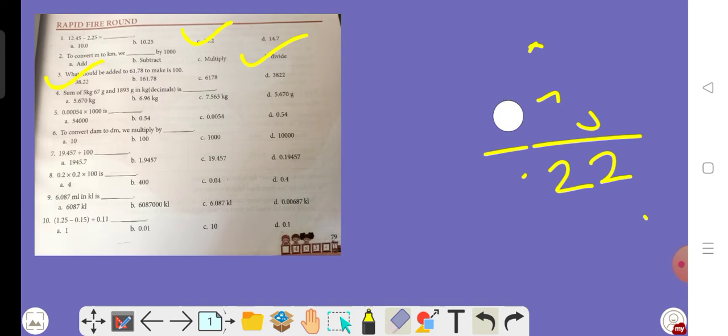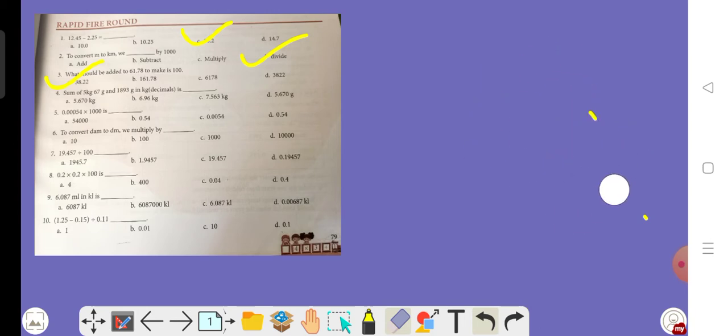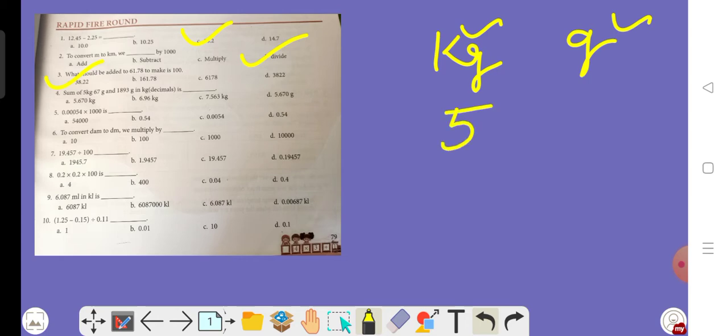Sum of 5 kg 67 gram and 1893 gram in kilogram is equal to. We are given kg and g, you can say kilogram and gram. This is 5 and this is 67.